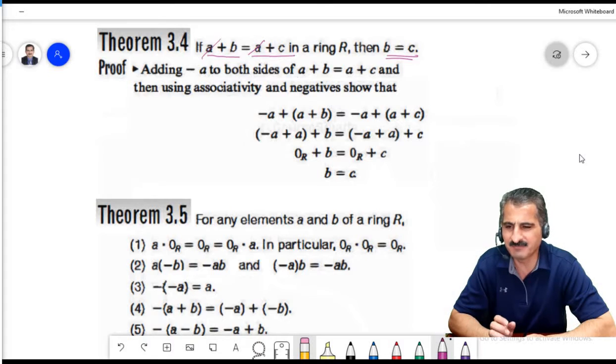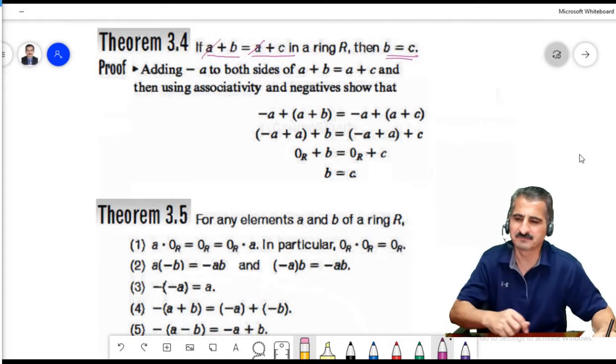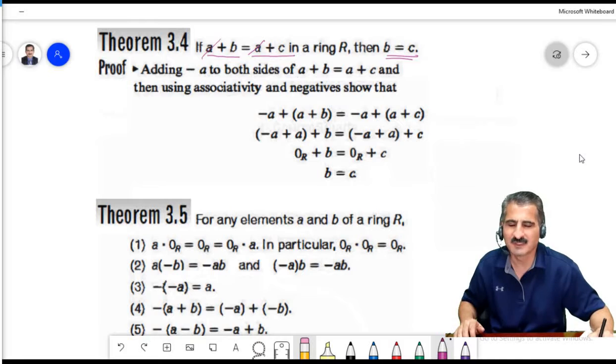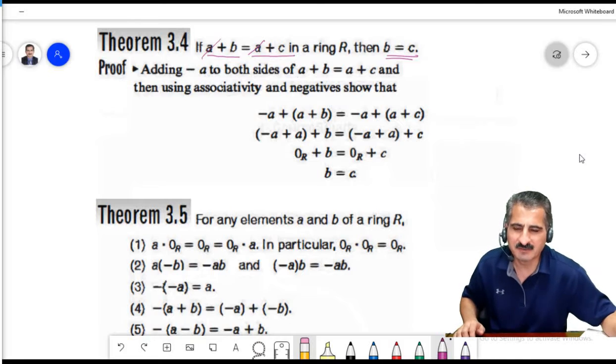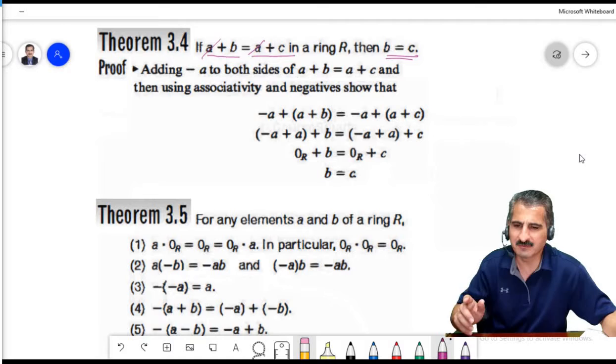Maybe if some example comes to my mind now, where this is not happening, I need to make a set which is not a ring, and actually here is not a group, where such cancellation will not happen. But that will take me away from my point.